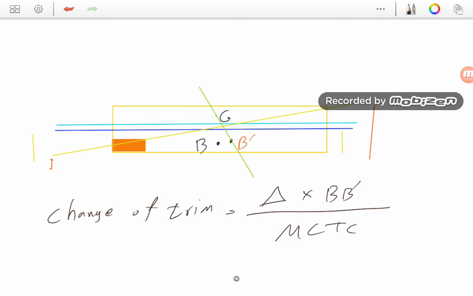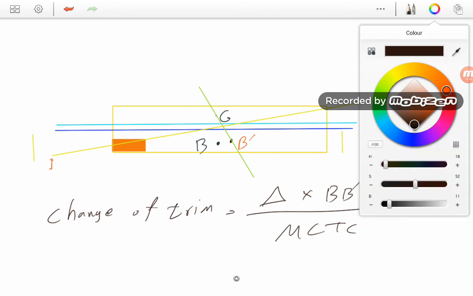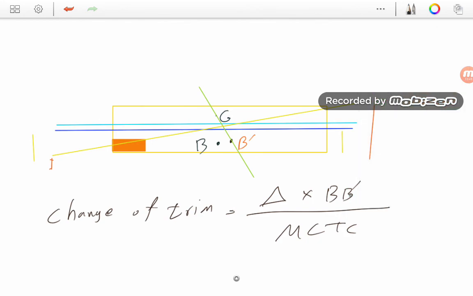You should remember MCTC from the previous chapter: the moment to change trim by 1 centimeter. You have MCTC from the hydrostatic data table. And this BB prime is actually this distance. So you can calculate how much your vessel will change its trim.